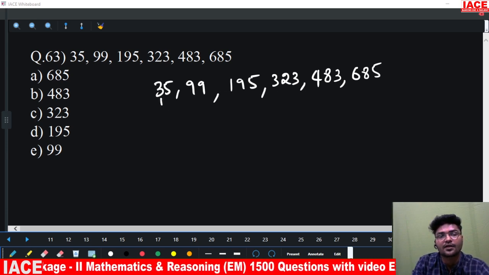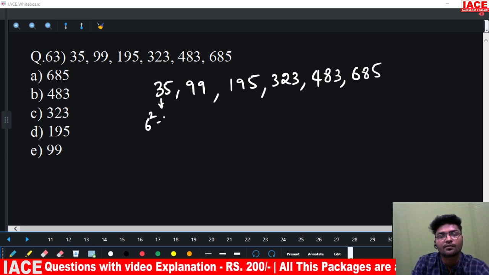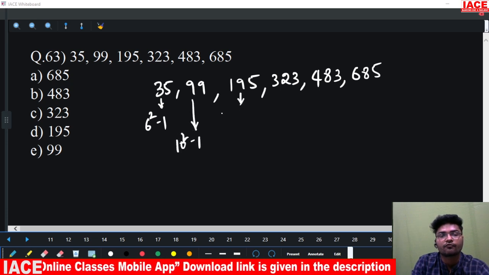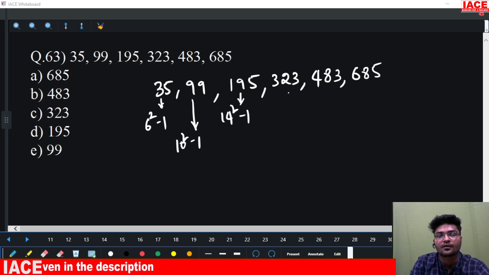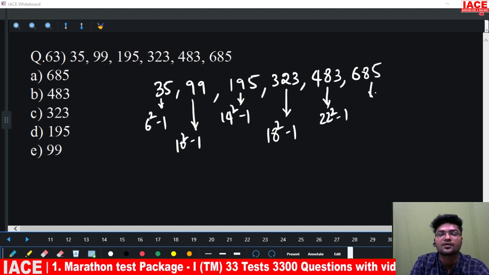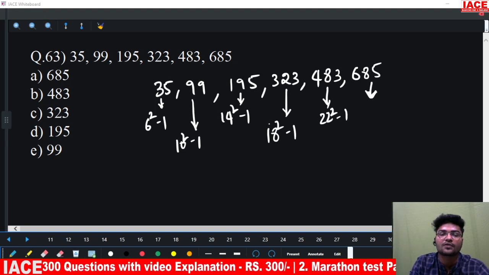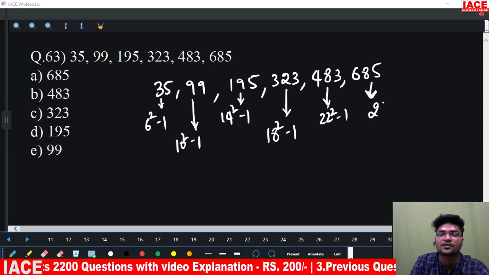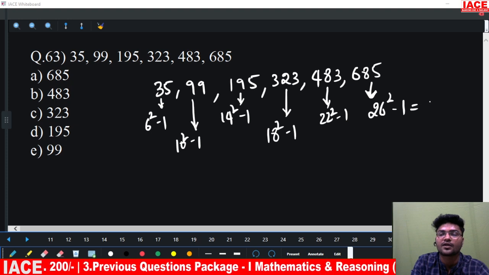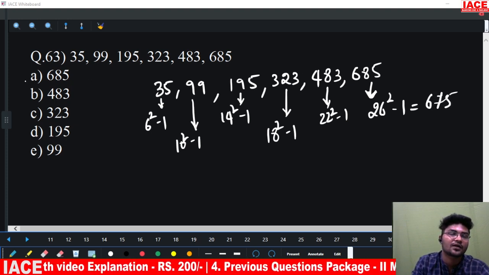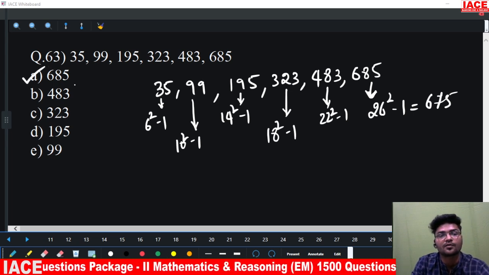So these are squares minus 1. This is 6 square minus 1, 10 square minus 1, 14 square minus 1, 18 square minus 1, 22 square minus 1. And this is not a square minus 1. 6, 10, 14, 18, 22, so this should be 26 square minus 1, which will be 675. So the correct option will be option A.